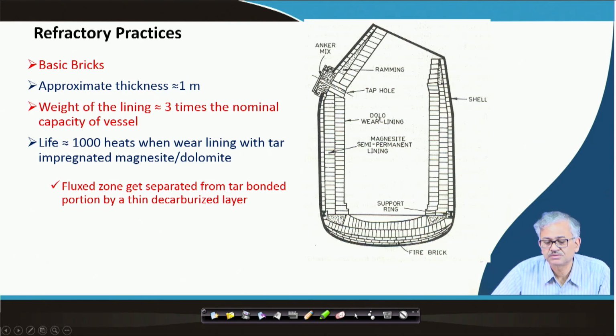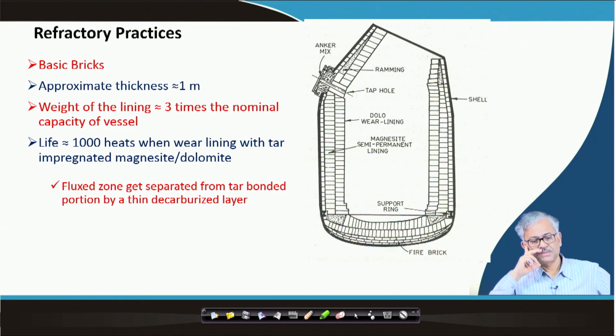That is very interesting. So, if it is a 150 ton vessel, then the weight of the refractory lining will be around 450 tons, that is 3 times. And the life of the lining is around 1000 heats.